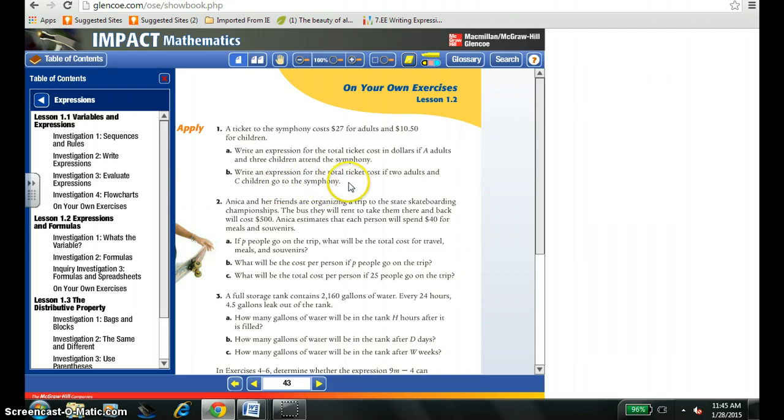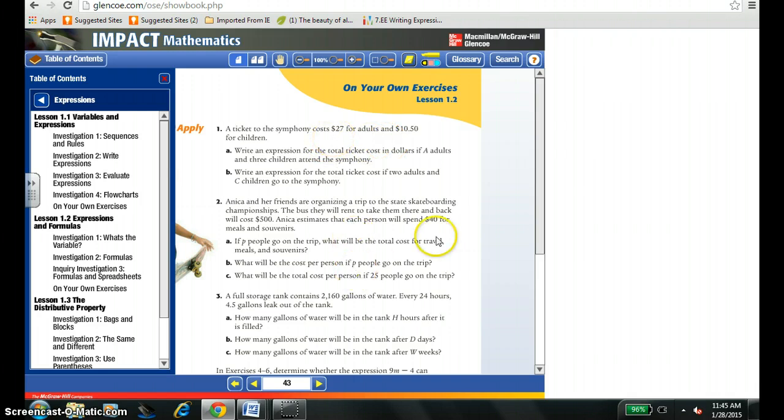Write an expression for the total ticket cost if 2 adults and C children go to the symphony. So now it's almost the reverse. You're going to know how much the adults cost. You're not going to know how many kids. So your variable is going to be C, and you're going to try and figure out, how do I write this to figure out how much the kids' tickets cost plus the 2 for the adults.